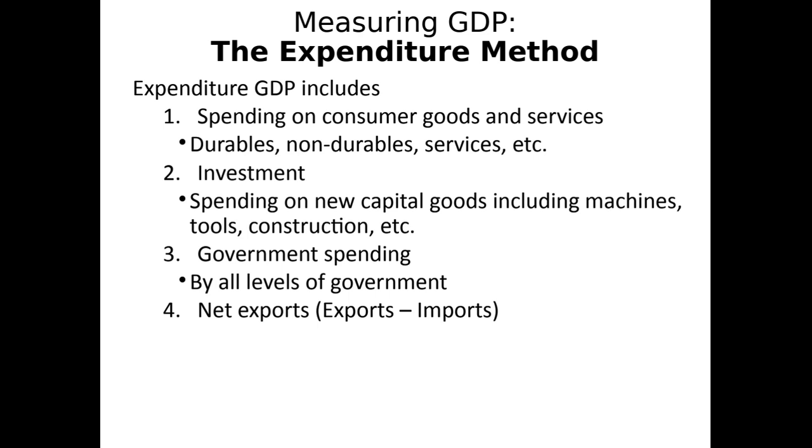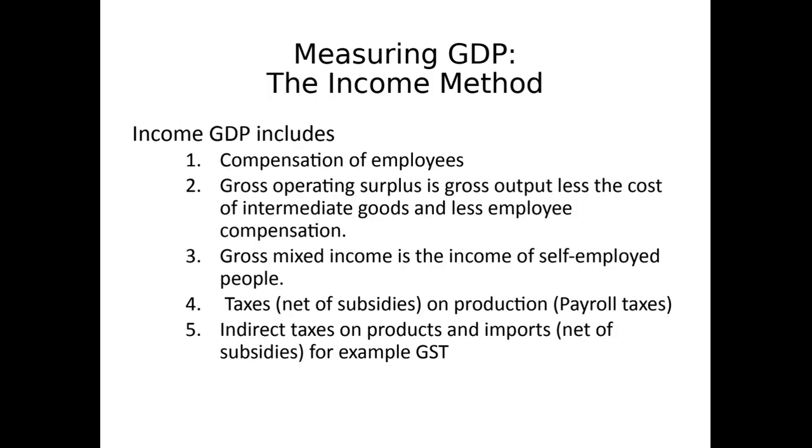And if a foreigner from another country buys the same truck from our country, that is exports. So the same product can be classified into any of these four different categories. If we add all these expenditures, we get GDP.